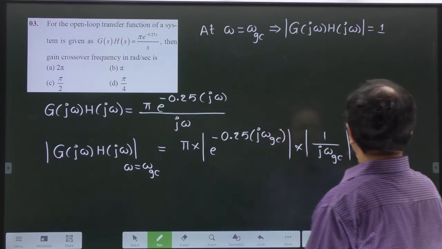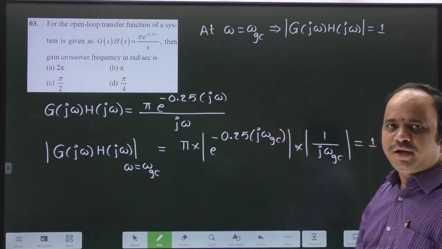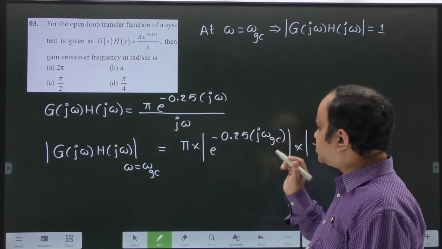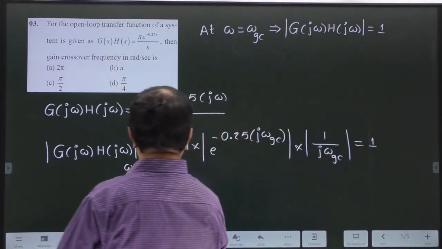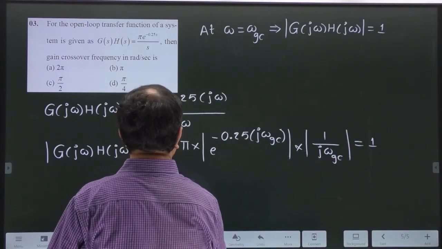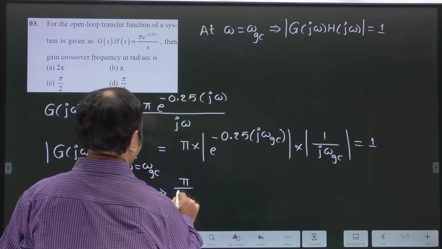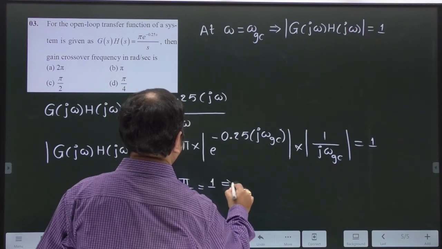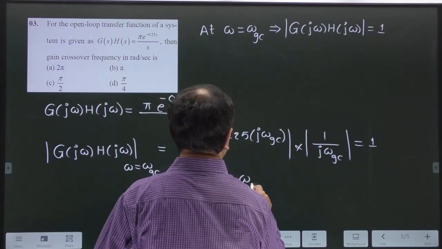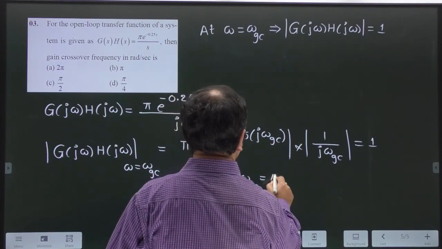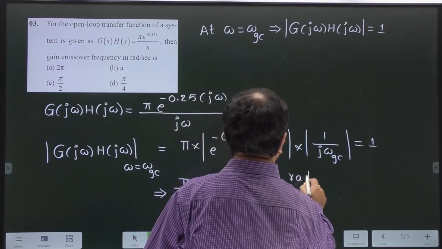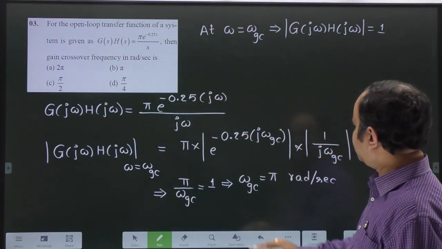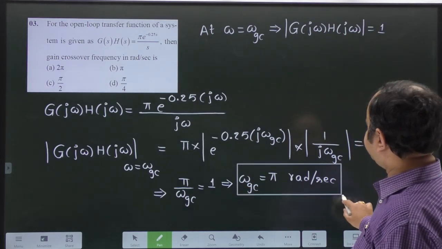This is also a magnitude, and it is equal to 1. Now the exponential, the transportation delay, has magnitude always 1. Therefore, the magnitude is pi by omega gc, which is equal to 1, and hence omega gc is equal to pi radian per second. So this is the answer.